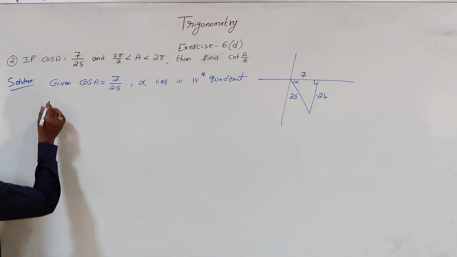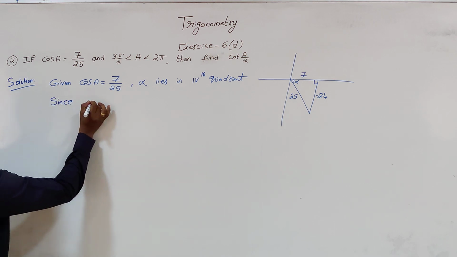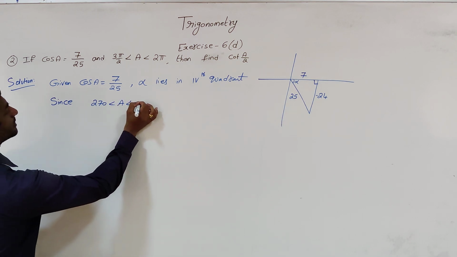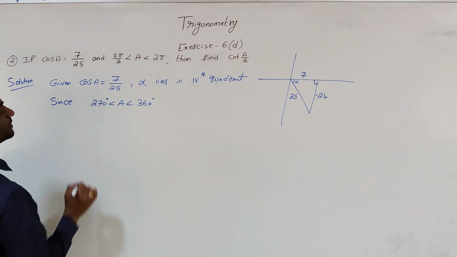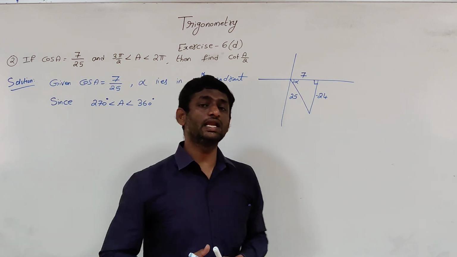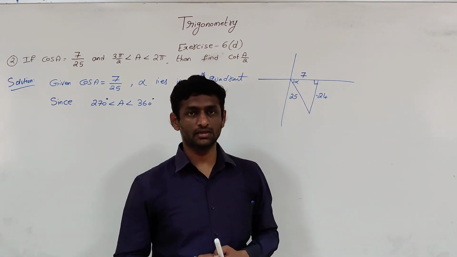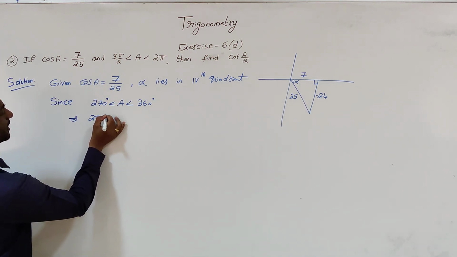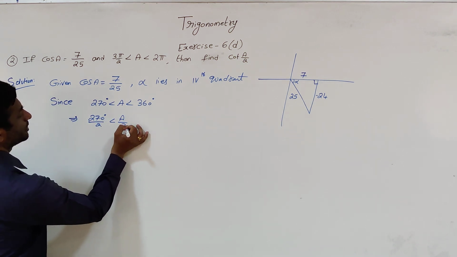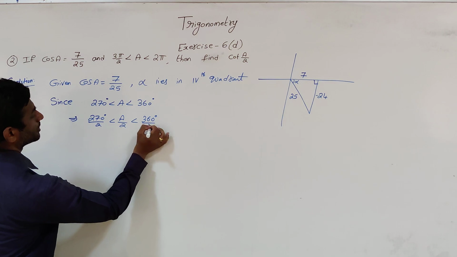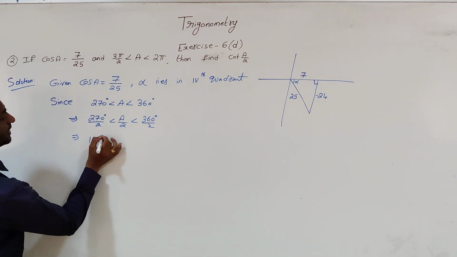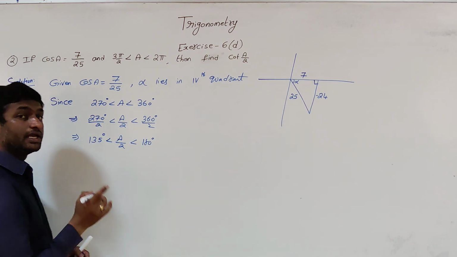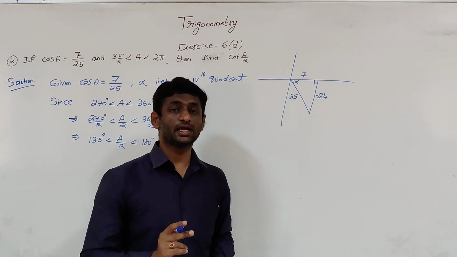So since 3 pi by 2 means 270 less than A less than 360 degrees, then where this A by 2 angle lies, half of the angle, if we divide by 2, it will be 270 degrees by 2 less than A by 2 less than 360 by 2, means it will be 135 degrees less than A by 2 less than 180, means the angle A by 2 lies in the second quadrant.